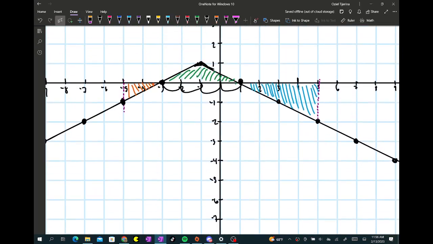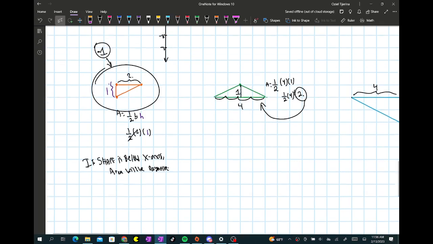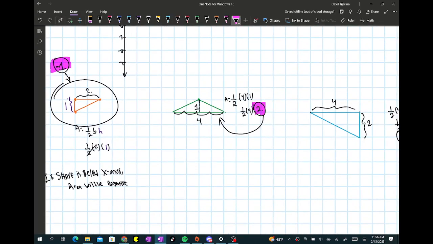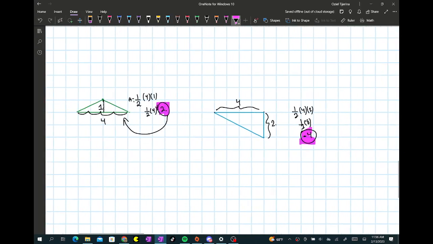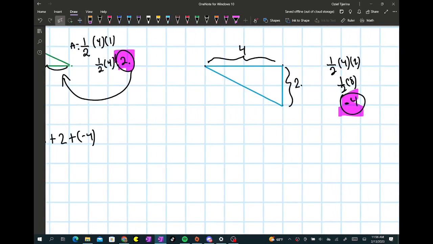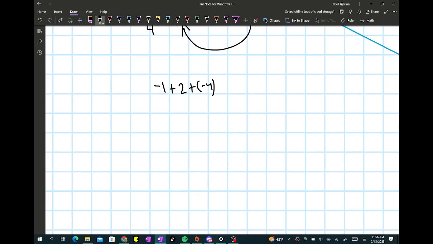So now that we have all that information, all you have to do is add the areas. We have a 1, a -1, a 2, and a -4. So it's going to be 1 plus -1 plus 2 plus -4. We have -1 plus 2, which is 1, and plus -4, it's going to be -3.